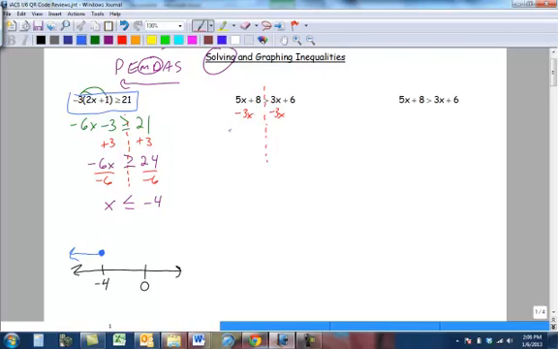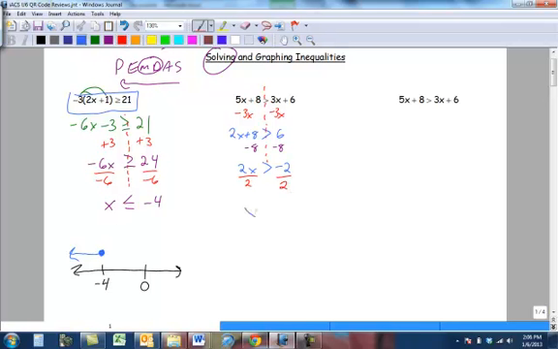So now I'm left with 2x plus 8 is greater than 6. Subtract 8 from both sides, and I'm left with 2x is greater than -2. And then I'm going to divide by 2 on both sides.